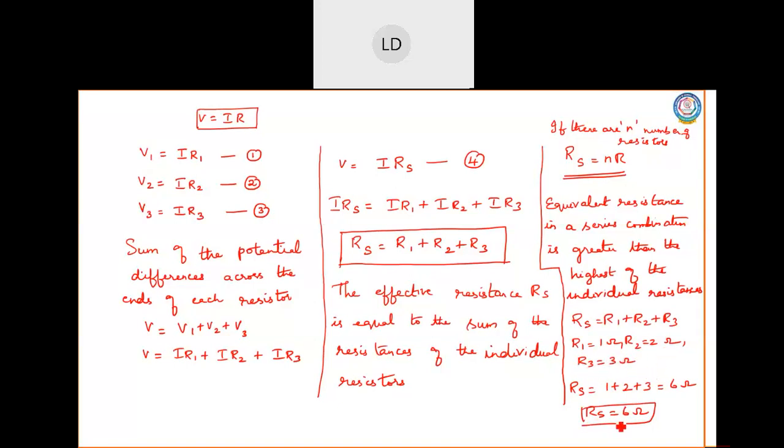Look at this sentence again. Equivalent resistance in a series combination is greater than the highest. Which is the highest of the individual resistors? This is the highest. Okay, that effective resistance will be definitely higher than the individual resistance. Hope you are able to understand. Hope it is very clear for you, right?